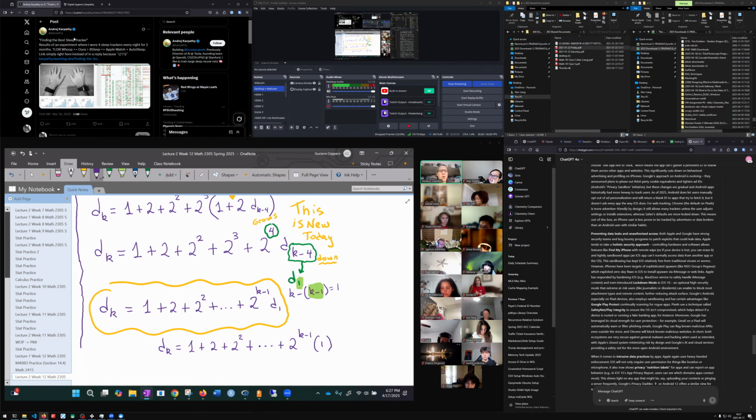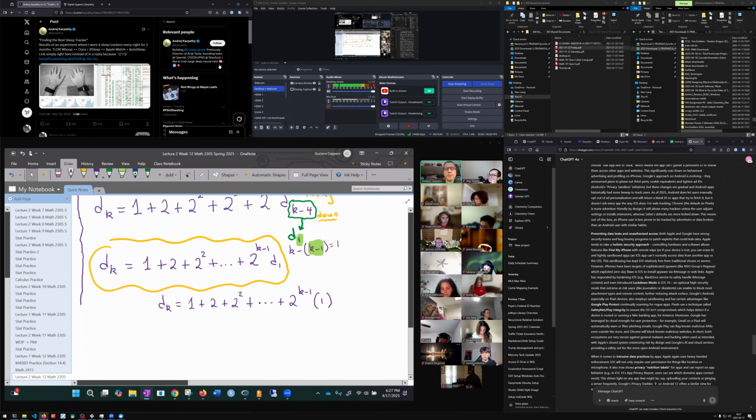And then we have a formula for that because we know that 1 plus 2 plus 2 squared plus all the way to 2 raised to the k is 2 raised to the k plus 1 minus 1 over 2 minus 1.